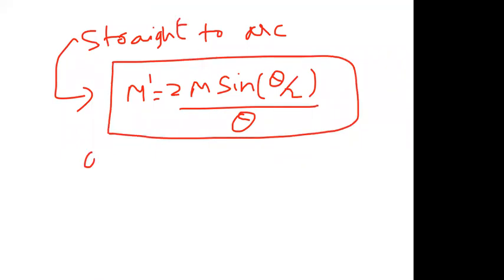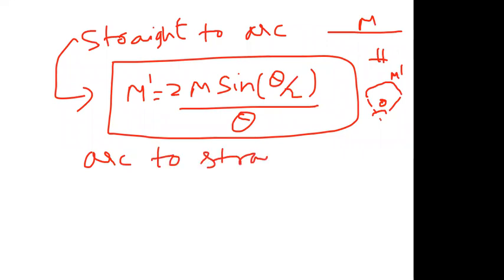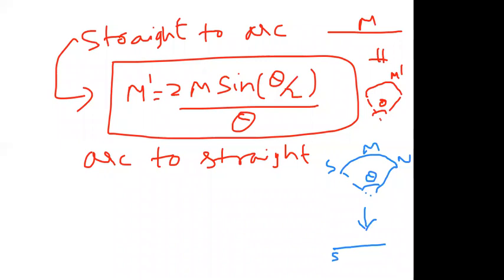Now what do we want? Arc to straight. Here in the earlier case, straight is M and arc is M dash. Now I am doing arc to straight, so just reverse. The magnet in the form of an arc is M, and the magnet in the form of a straight is M dash.